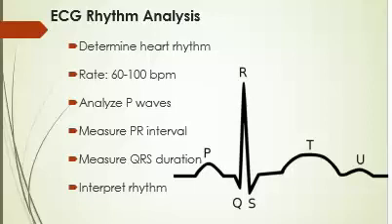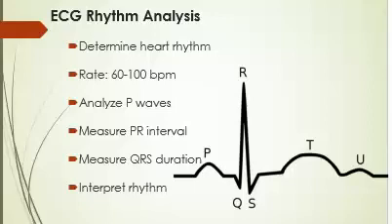Big boxes are 5 little boxes of 0.04 each. Then there should be that amount of boxes between each one of the R waves. I'm going to try to demonstrate that in a video a little bit later. See how talented I am. Okay, so we want to see if it's regular.